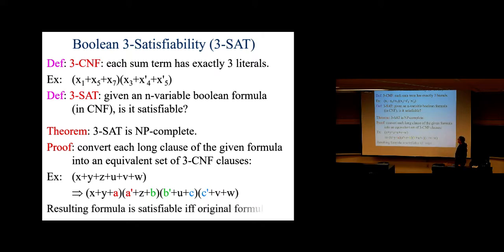And so what you can do is you can take a formula that has arbitrary numbers of clauses of arbitrary sizes, convert to a formula that's equivalent, logically equivalent, that has only clauses of size 3 in such a way that this new formula is satisfiable if and only if the original formula is satisfiable, clause by clause.